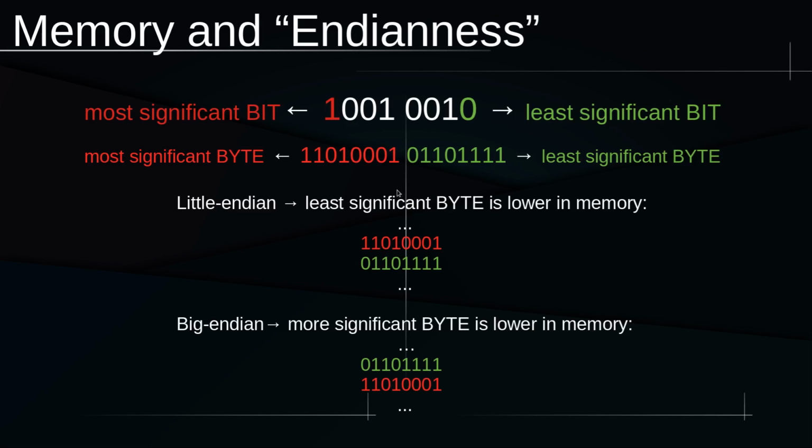So this is where endianness comes in. There's basically 2 notions, little-endian and big-endian. First, just a little fun fact. Little-endian and big-endian comes from Gulliver's Travels.